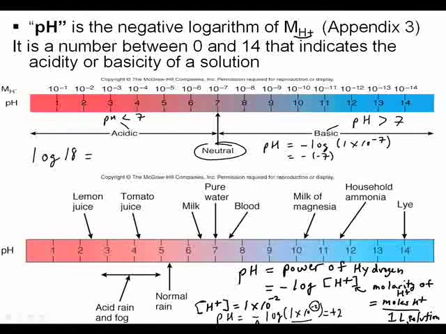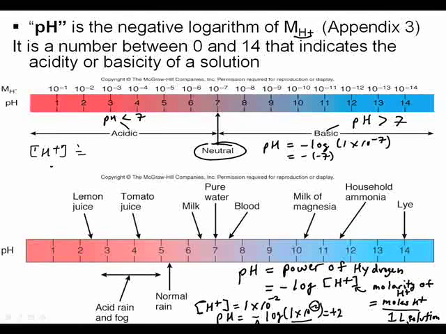You would find the log key on your calculator. What if you have a concentration of H plus equal to 18 molar? This is how we symbolize molarity.